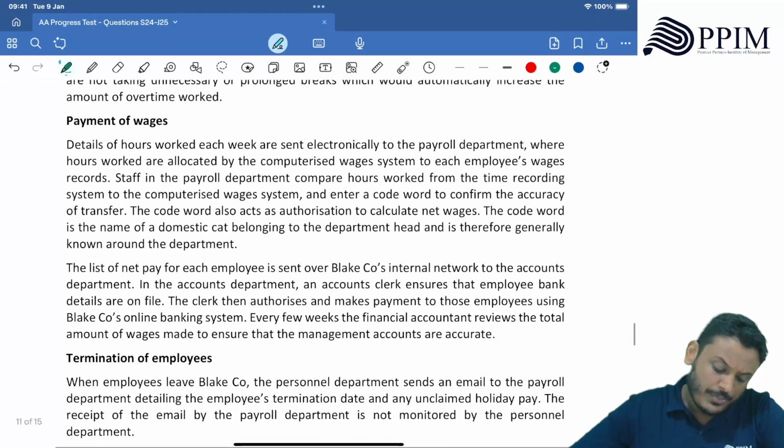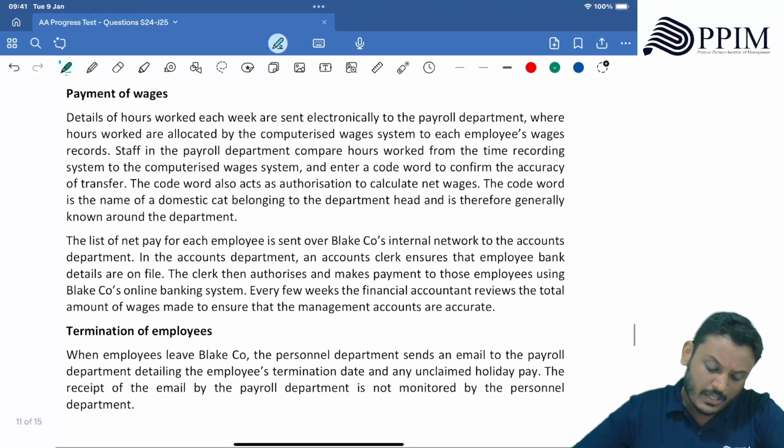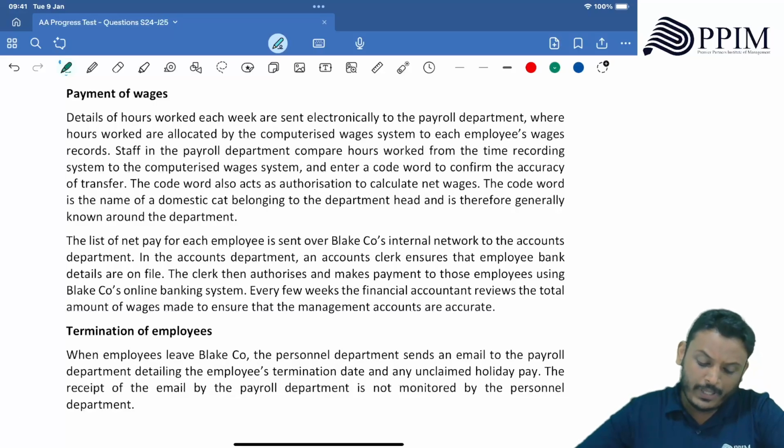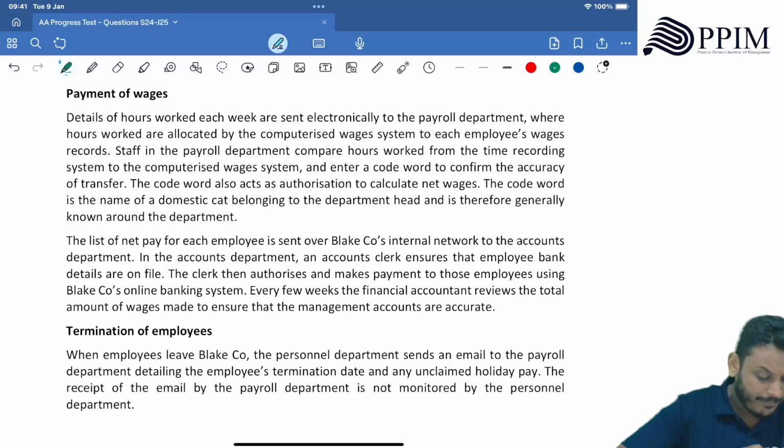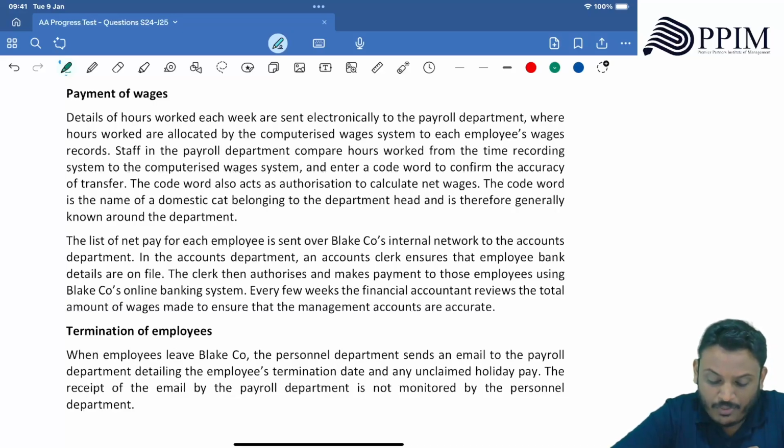Details of hours worked each week are sent electronically to the payroll department, where hours worked are allocated by the computerized wages system to each employee's wages records. Staff in the payroll department compare hours worked from the time recording system to the computerized wages system and enter a code word to confirm the accuracy of transfer.